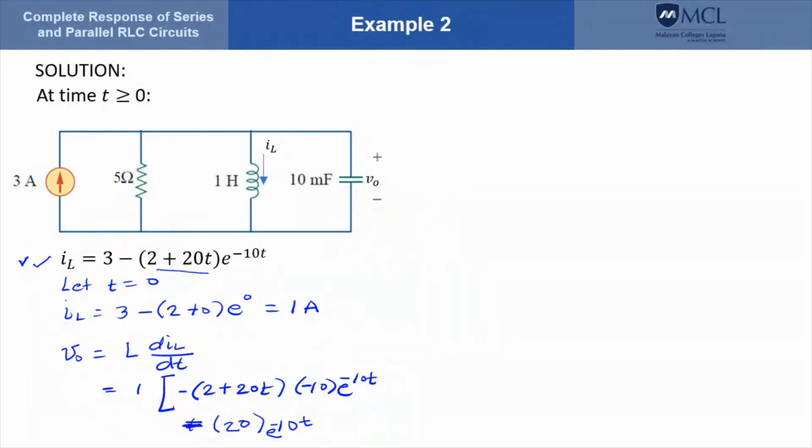So that will give us V naught equals, here we will have 20 e to the minus 10 t. So this is actually plus.